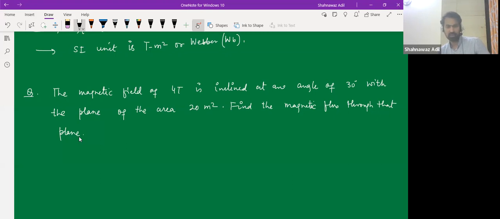Yes, guys, got any answer? 80 root 3 by 2, which is 40 root 3, and we can write Weber. So this is my answer. What about you guys? First we have to draw the diagram.